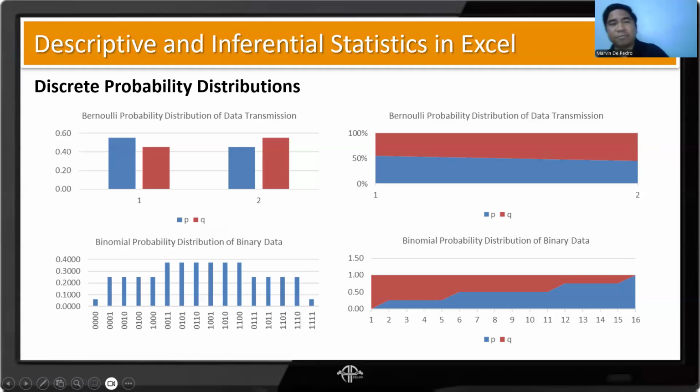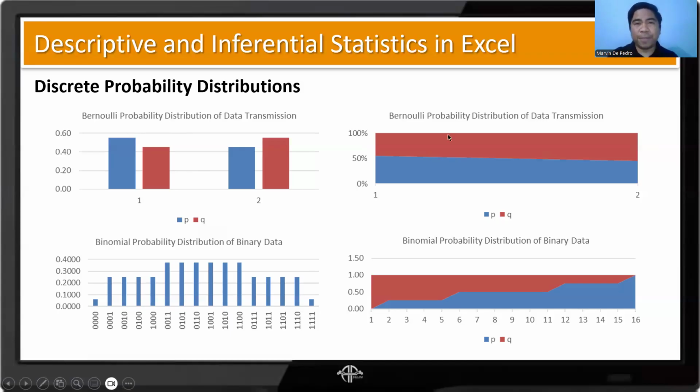So we only have two things that we plot in our Bernoulli probability distribution. It's like flipping a coin. We get either a pass or a fail, or a head or a tail.